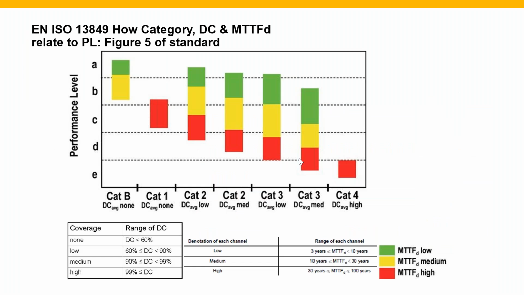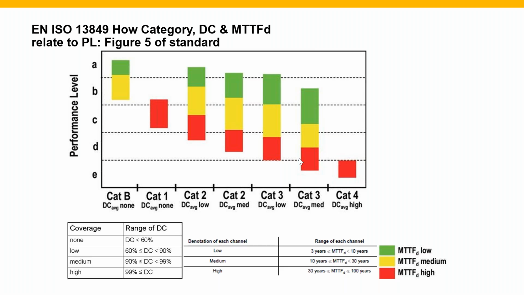This graph here is figure 5 out of the standard, and it's just a rough estimate that you can use at the design phase to see, okay, what is my target performance level, and what do I need out of my system to be able to achieve that.